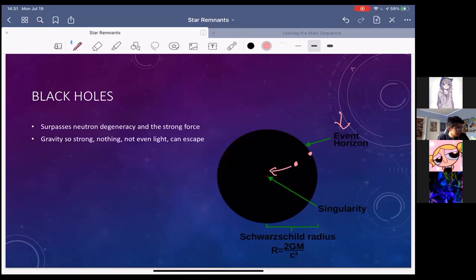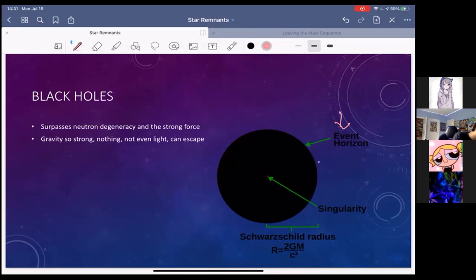In fact, the gravity of the singularity is so strong that even light, which is the fastest thing in our universe, moving at 300,000 kilometers per second, isn't fast enough to leave. If a light particle was right here and tried to escape, it couldn't. It would just fall straight into the singularity.